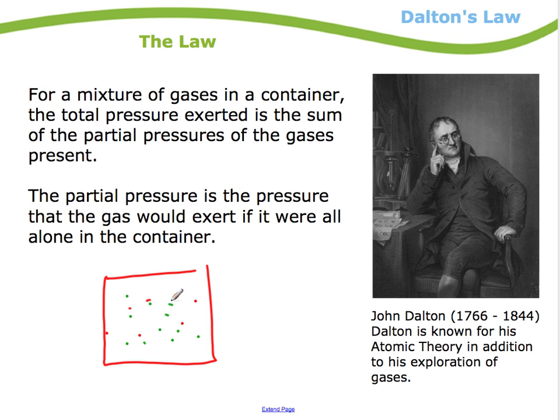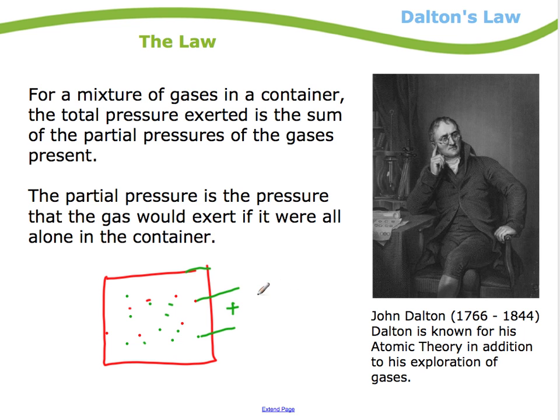So to find the pressure of the total in this container, all I have to do is find the pressure of the red ones, and then find the pressure of the green ones, and add them up.